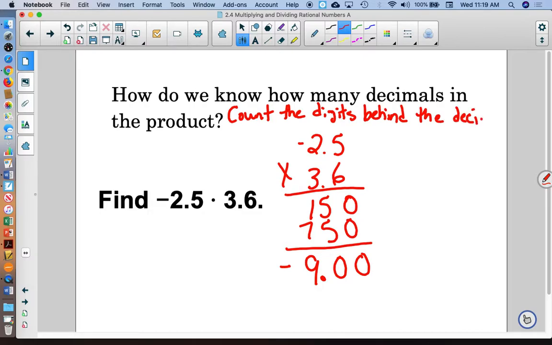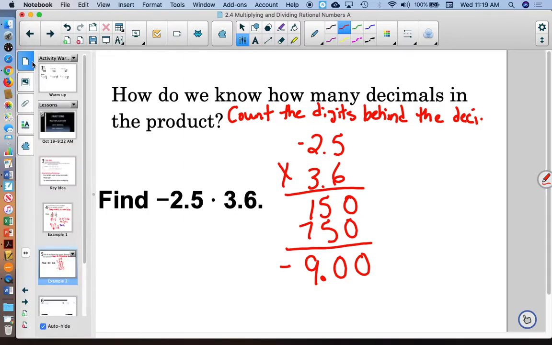That's how I know. I count the digits behind the decimal, and the product has to have the same number of digits behind the decimal. Okay? Like I said, this is a review for most of you.